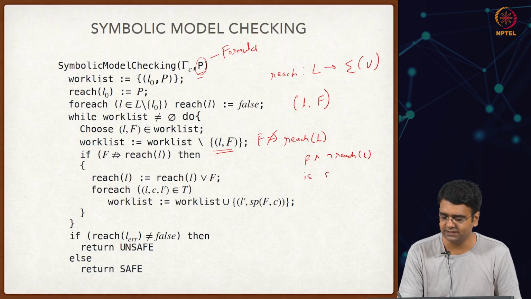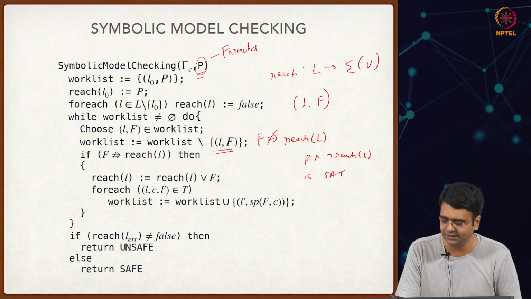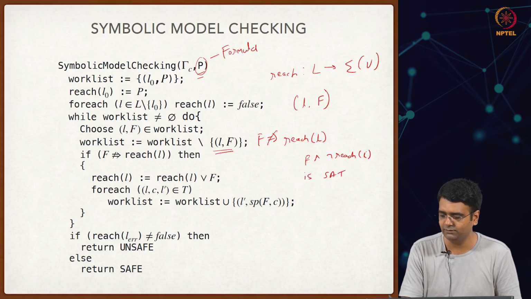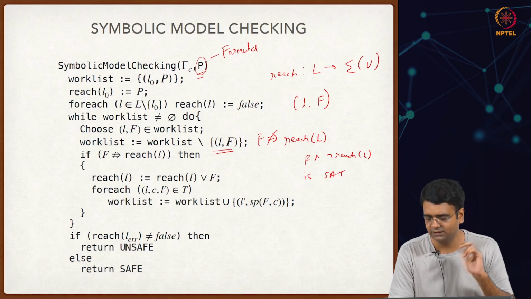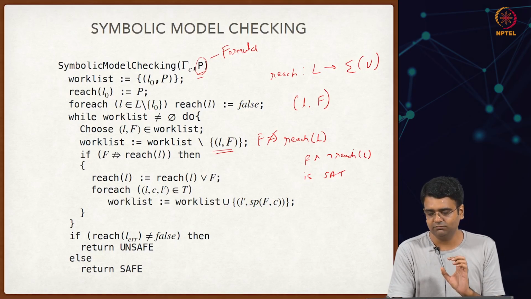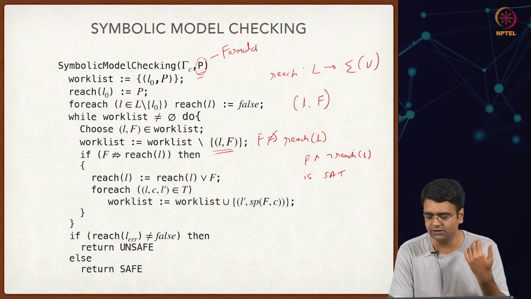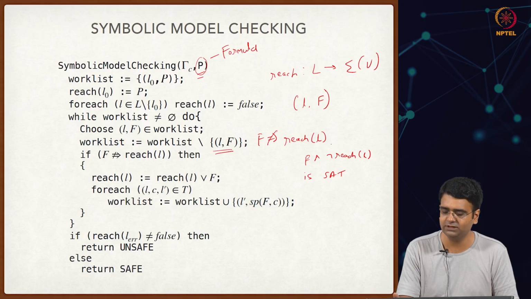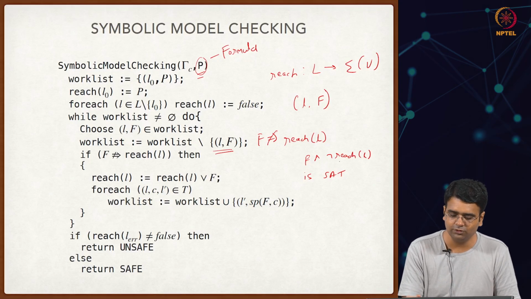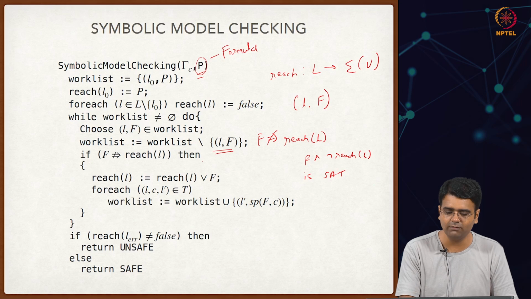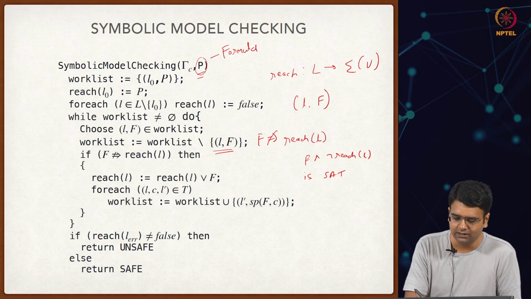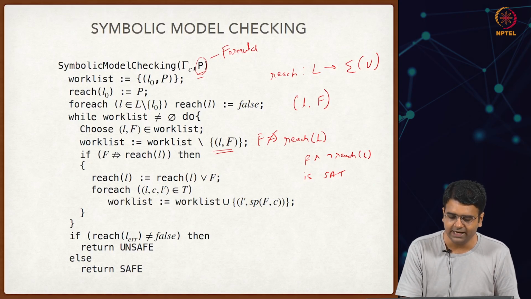So if this formula is satisfiable, there is a program state which satisfies F but does not satisfy reach L, meaning that so far the formula reach L does not encode all the states which are also encoded by F. So we have discovered a new state which is reachable at the location L. Then we just disjunct F to reach L. All the program states which are encoded by F are reachable at the location L. So we update reach L by disjuncting it with F, and then we propagate.